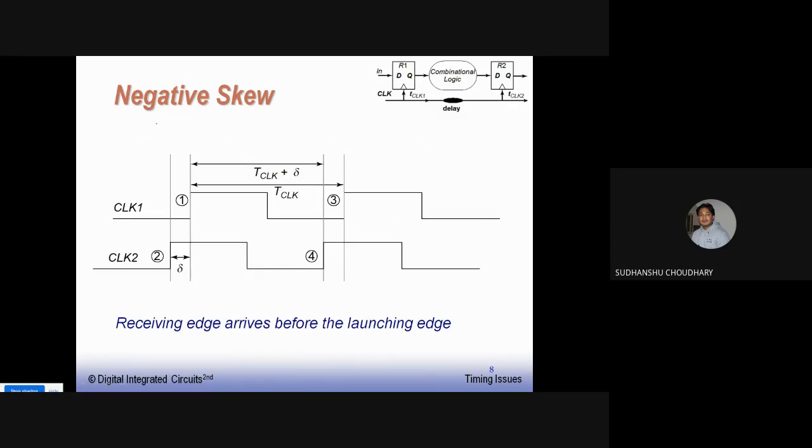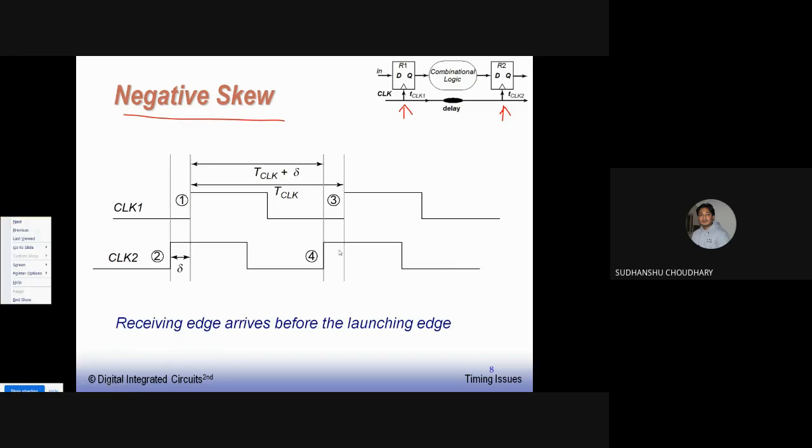Now similarly, let us talk about the negative skew. Negative skew here means this clock edge 2 arrives early, even earlier than clock edge 1.